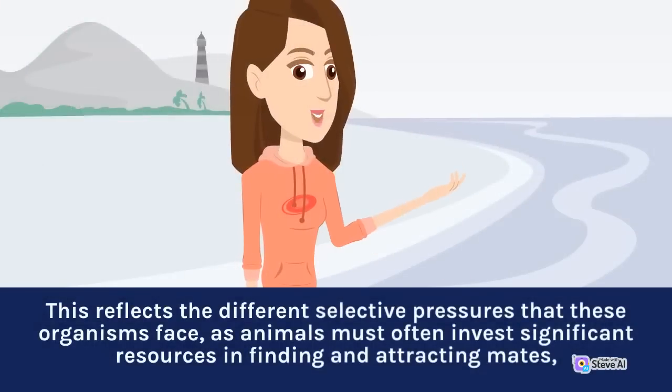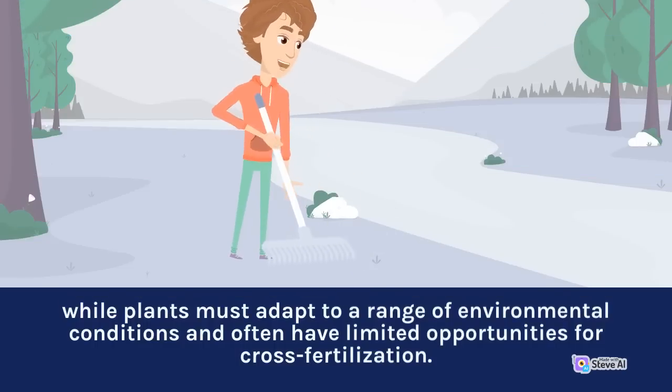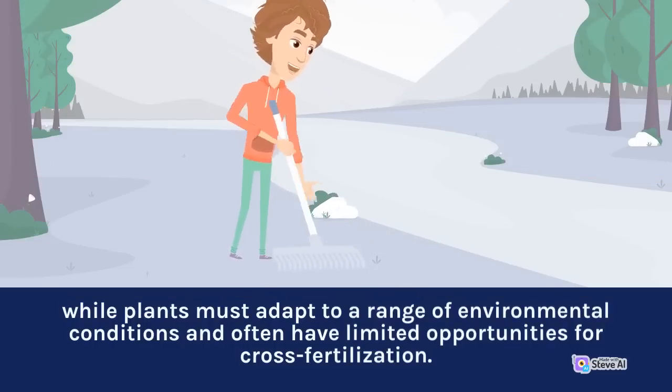This reflects the different selective pressures that these organisms face, as animals must often invest significant resources in finding and attracting mates, while plants must adapt to a range of environmental conditions and often have limited opportunities for cross-fertilization.